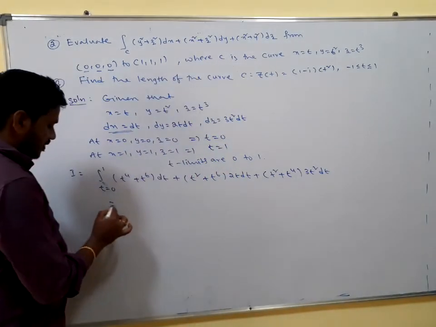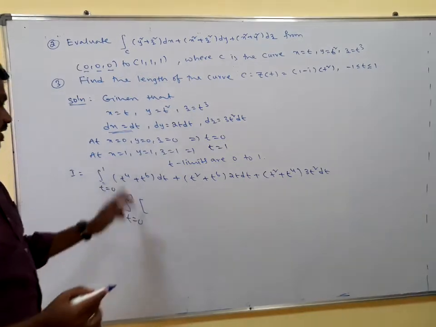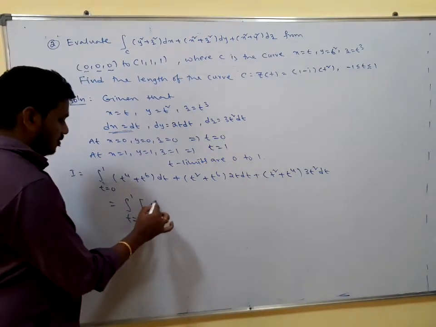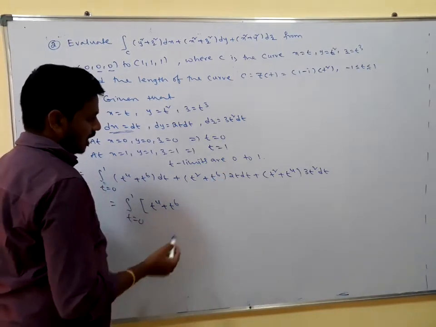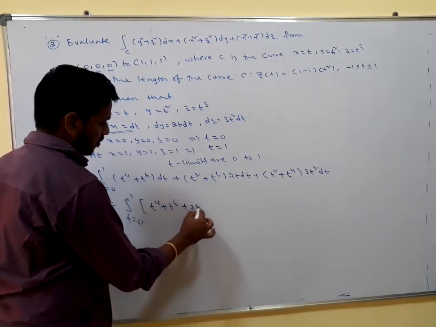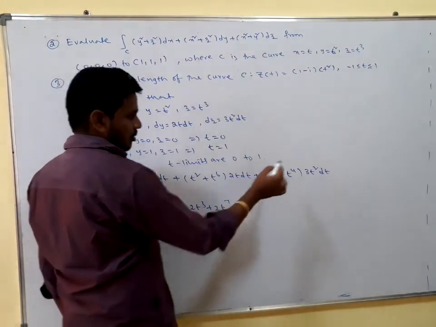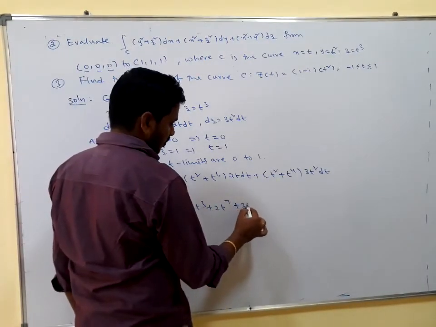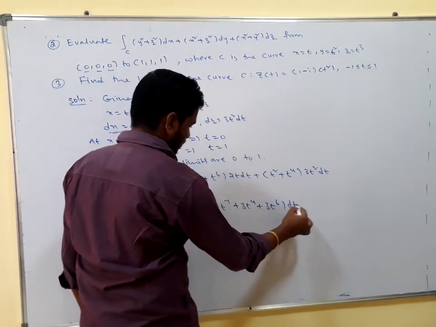After simplification, t from 0 to 1, taking dt common: t to the power of 4 plus t to the power of 6, plus 2t into t square, that is 2t cube, plus 2t to the power of 7, plus 3t to the power of 4, plus 3t to the power of 6, dt.